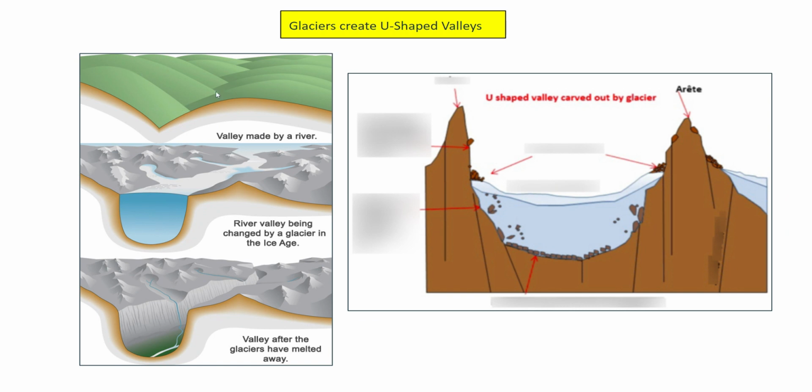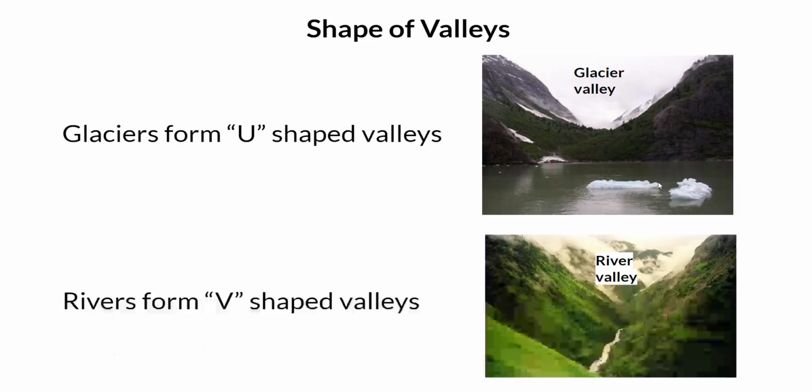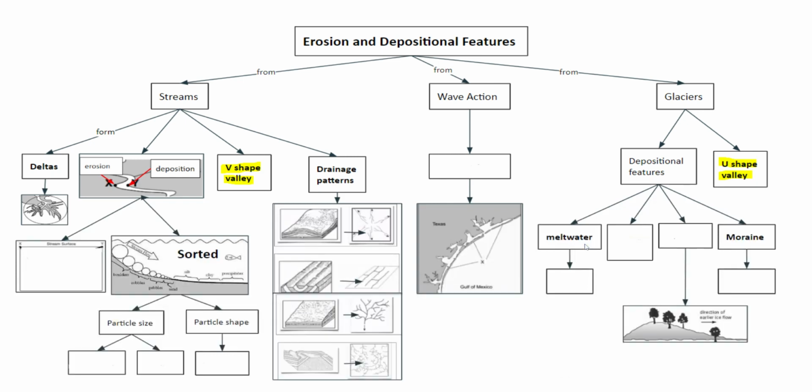So, this valley is created by a river, and if a glacier passes through this valley, kind of like this image right here, it will start to create a U shaped valley just like this. So remember, glaciers form U shaped valleys and rivers form V shaped valleys. Go ahead and write this down in your notes. Streams or rivers form V shaped valleys, glaciers form U shaped valleys.